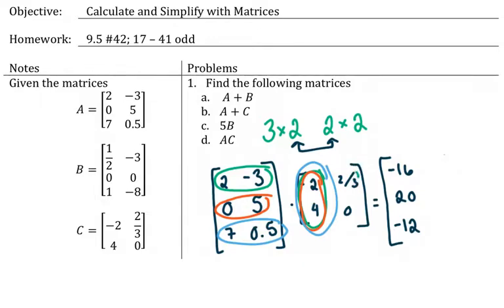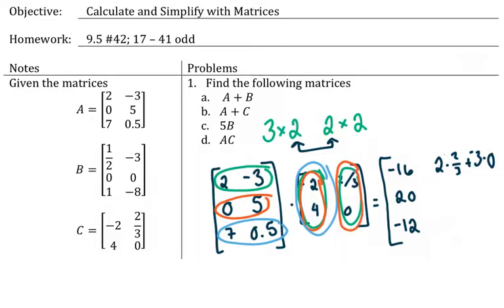and now the second column, similar thing. Take the first one, so then it's 2 times 2/3 plus negative 3 times 0. Next term will be this middle one in red, and then multiplying it out here.